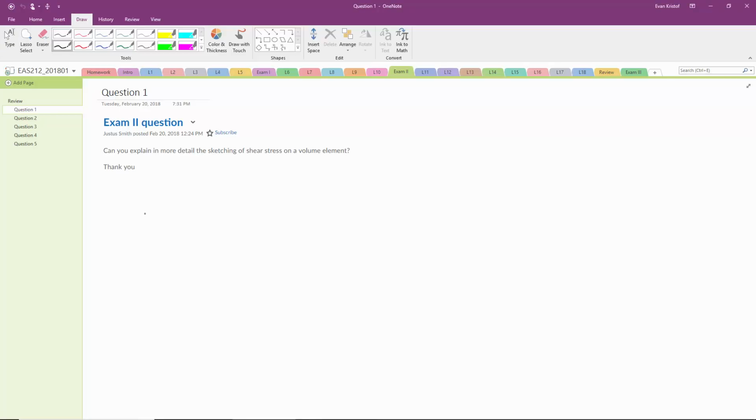So if I had, let's just say, a rectangular beam like this, and let's say that this area right here is my cross-section face.